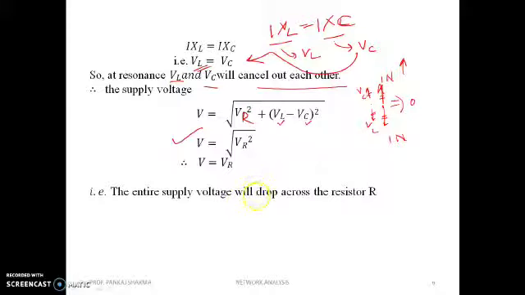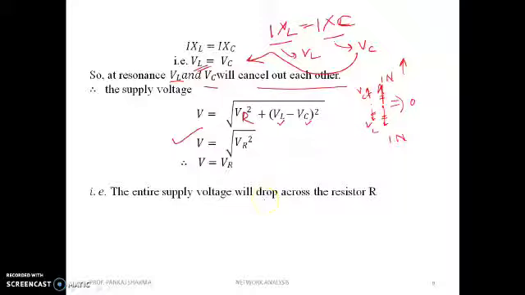At the point of resonance, the RLC series connected circuit will behave as if it is a purely resistive circuit. Why? Because the voltage across the inductor is equal to the voltage across the capacitor in magnitude, but they are opposite in direction.